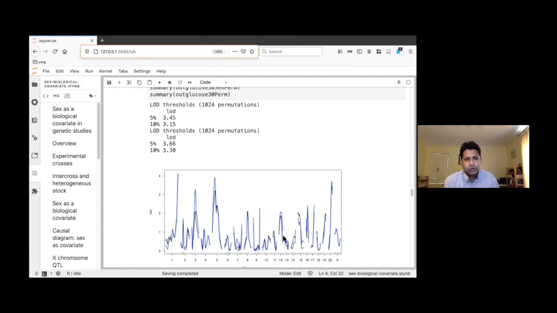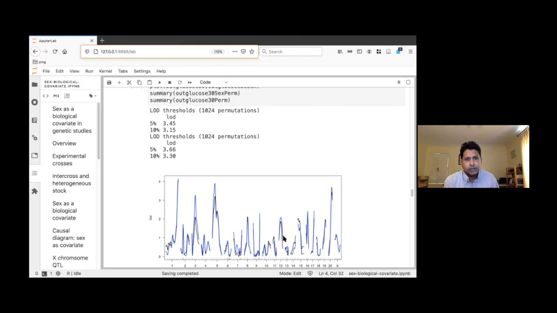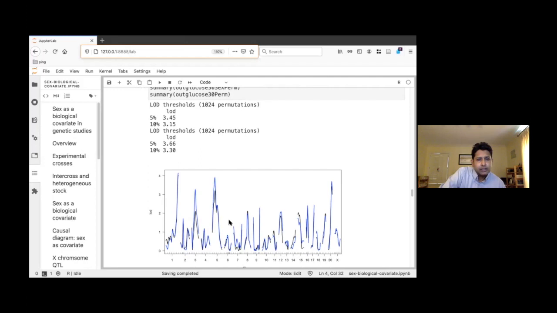Okay. So the blue one is with sex as an additive covariate, and the black one is the previous one. And what you can see is that for the most part, the blue curves are a little bit higher.